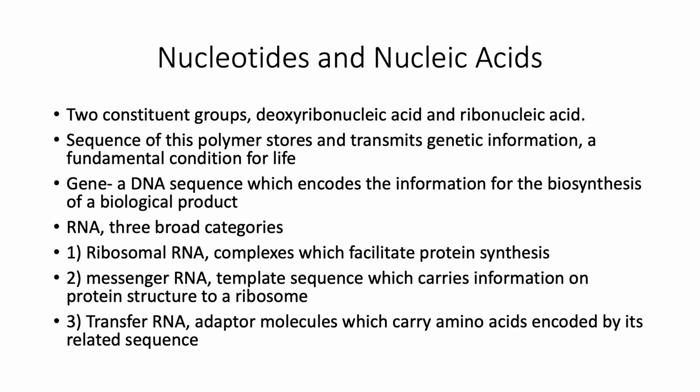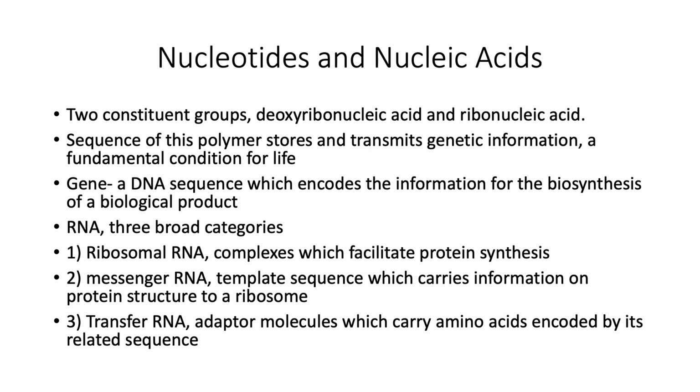If you look at the polymer sequence of nucleic acids in series, evolutionarily speaking, it stores and transmits genetic information. This is a fundamental condition for life, for the ability to have energy transfers and additionally the ability to recreate and reproduce itself to continue its structure through succeeding generations.